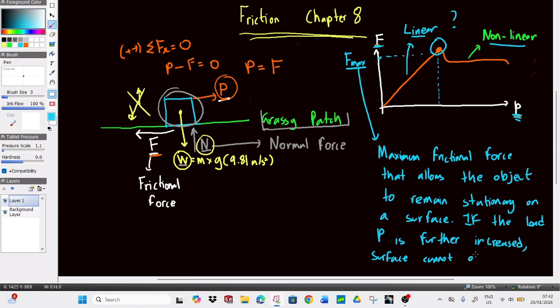The surface cannot offer more friction, and the box will move, and motion occurs.